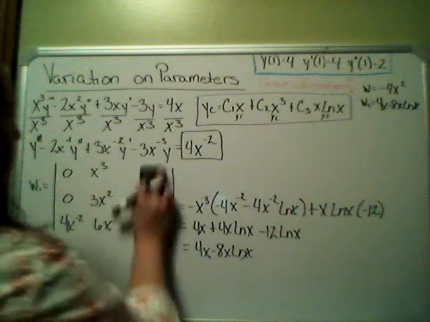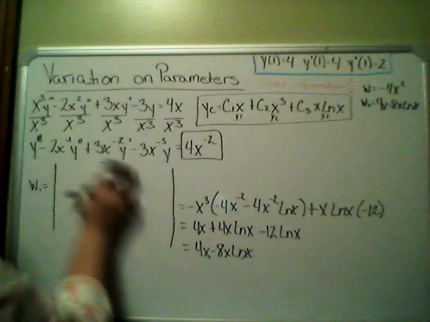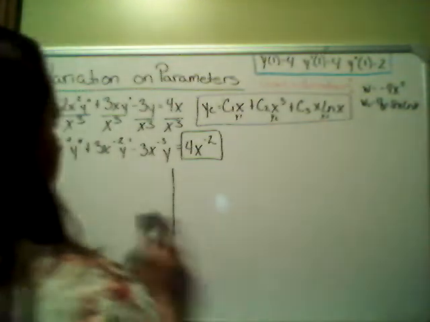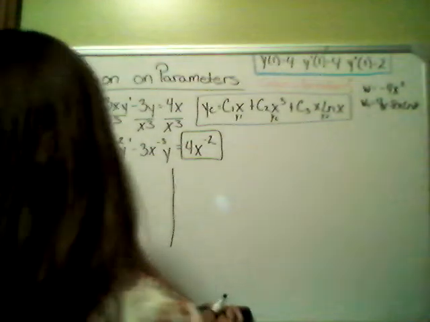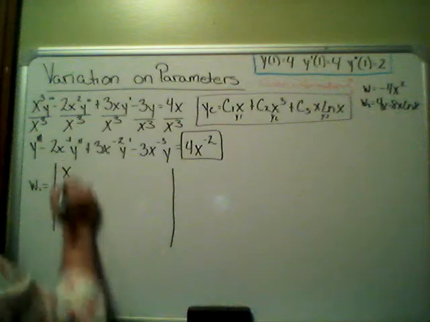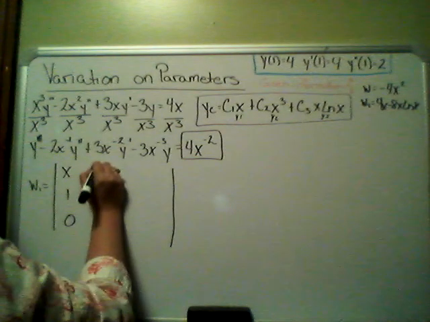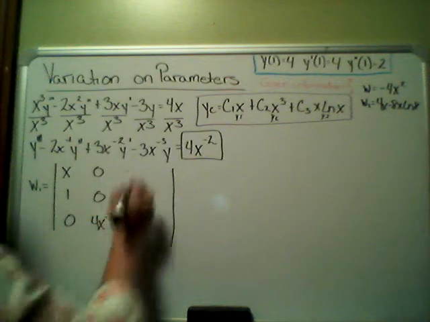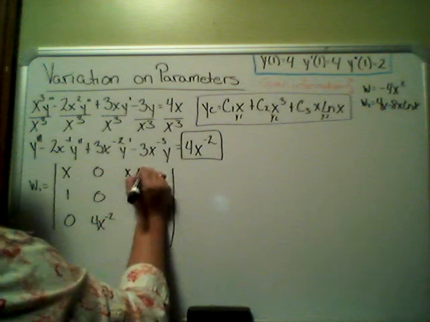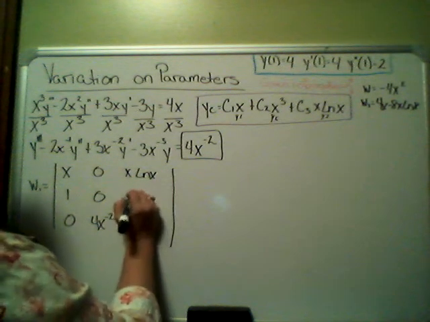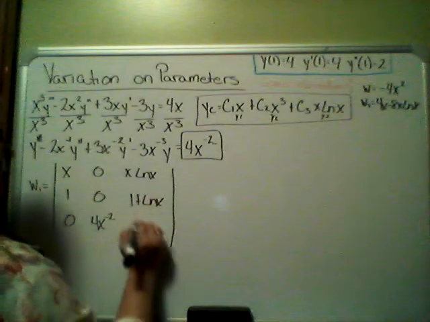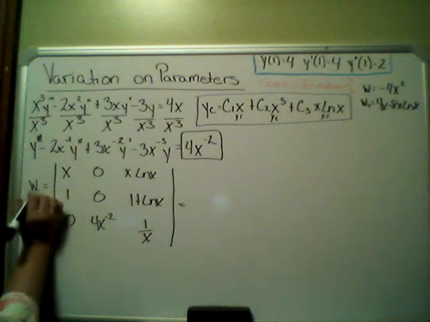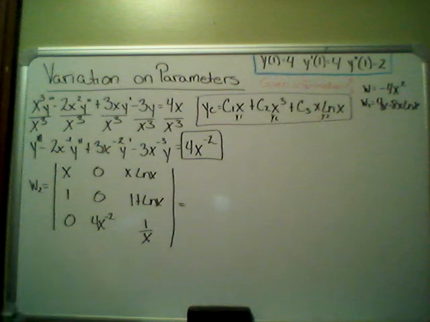Then we'll do this again for our W2, where we put our solutions in place of our y2 numbers. We'll have our y1 and its derivatives, our solution set in the second column, and then our y3. We'll just change this little 1 to a 2.